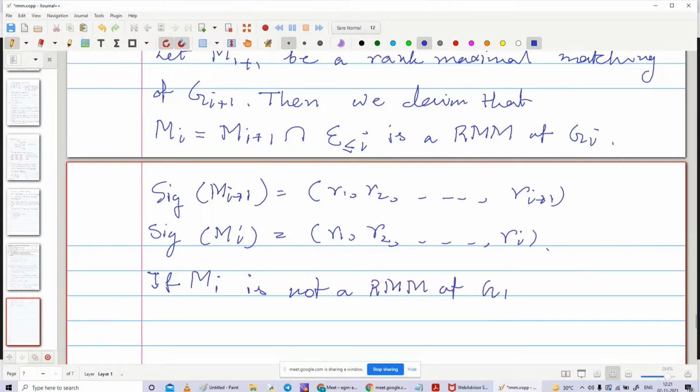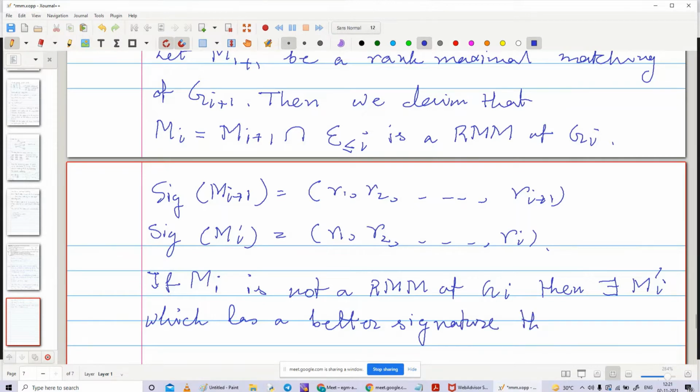there exists M prime i which has a better signature than Mi in Gi.